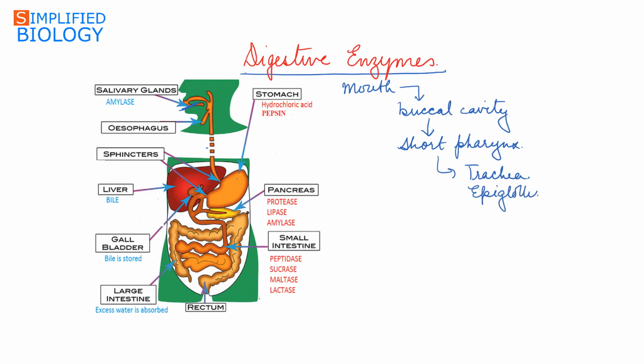Epiglottis prevents the food from entering the glottis. So the food from the pharynx moves into the esophagus.